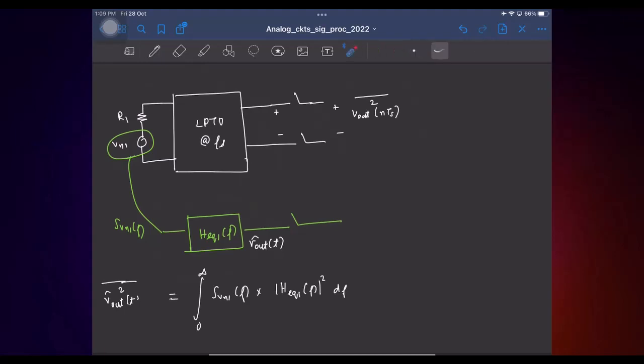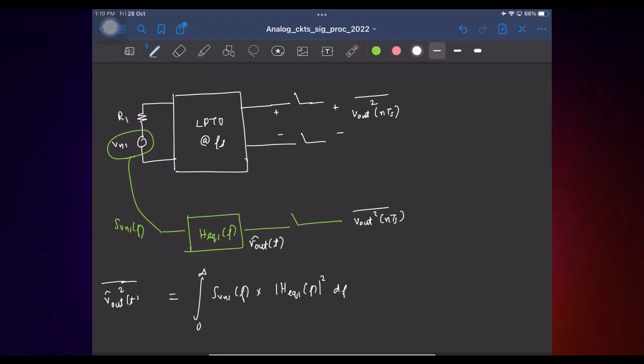So what can you say about the mean square noise of these samples? I know the mean square noise for the signal. What can you say about the mean square noise of the samples? It is the same, a constant value. The integral will give some value.